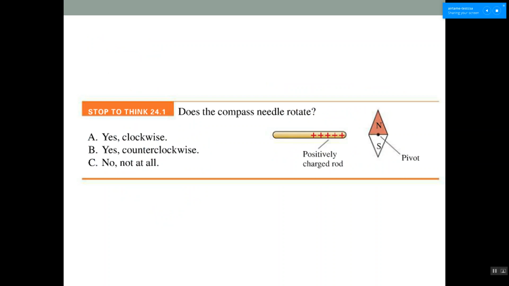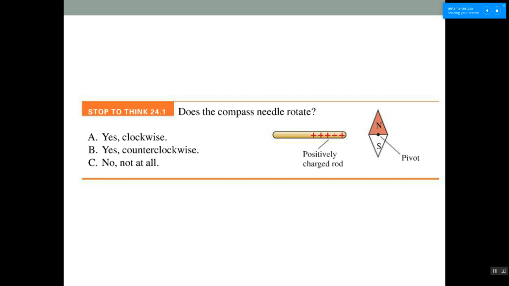I have a question for you guys. I have this compass, and this compass is placed next to an object that's charged, positively charged, in fact. Where is this compass going to go? Is the north going to be facing the positive? Is the south going to be facing the positive, or does it not move at all?